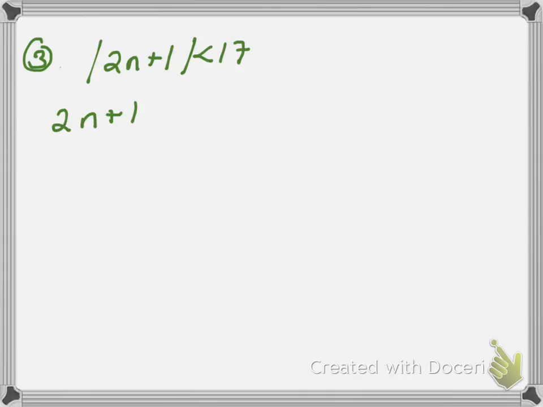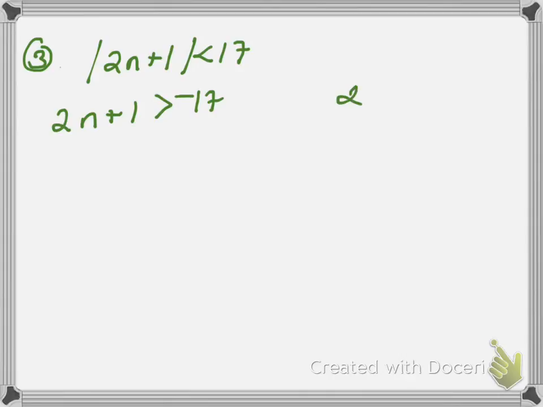Okay, let's go to another one. Okay, what if I was to have the absolute value of 2n plus 1 is less than 17? Again, my function is by itself, so I'm going to unpack it. To the left, which is going to be negative, I'm going to switch the sign and multiply the number to the right of the sign by negative 1.